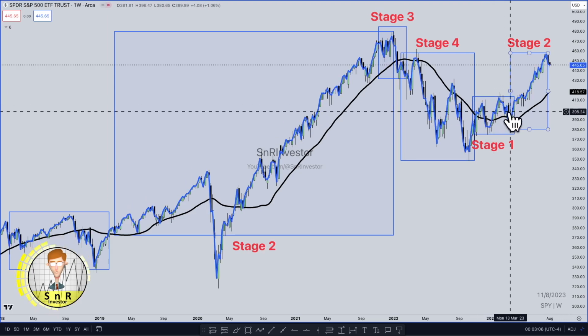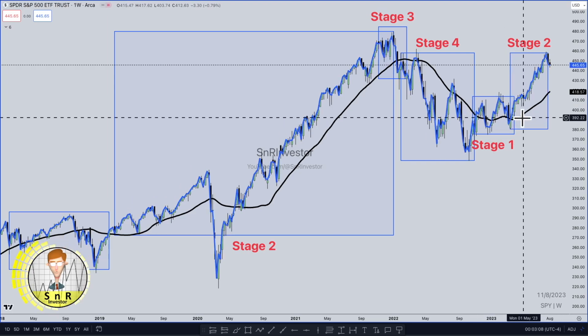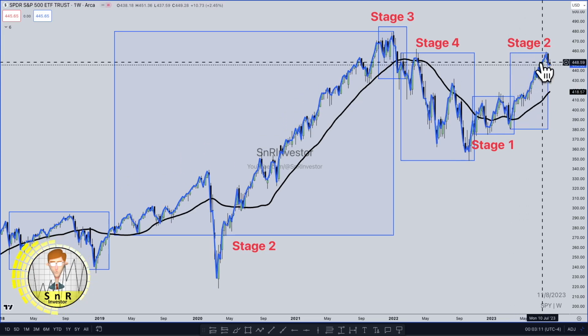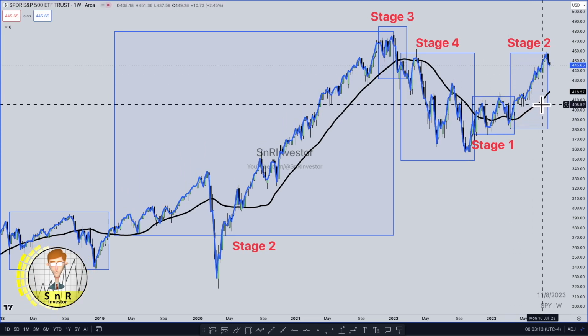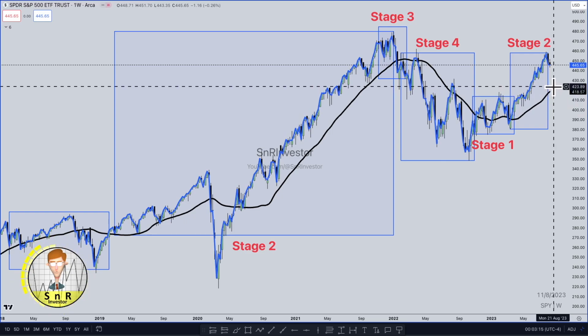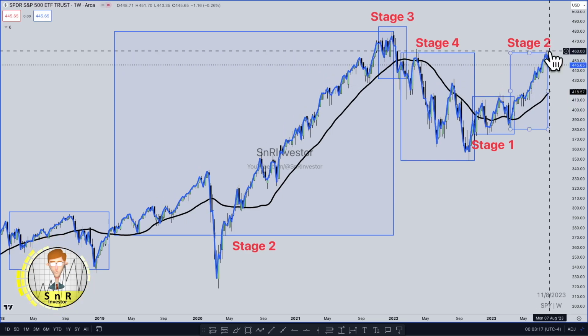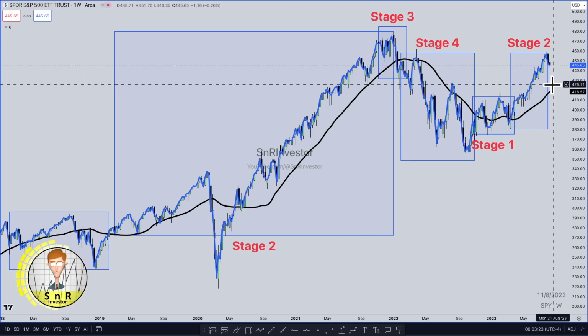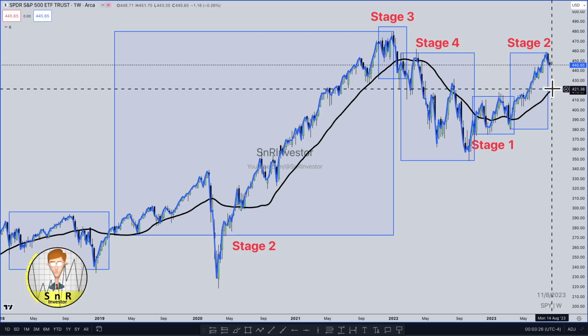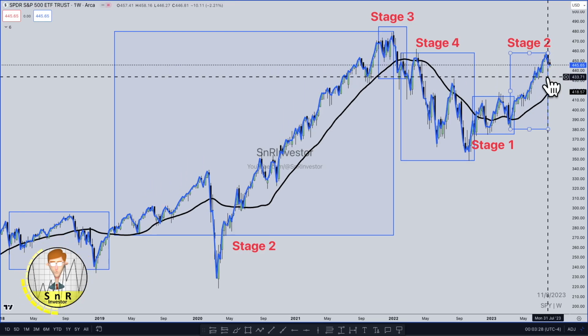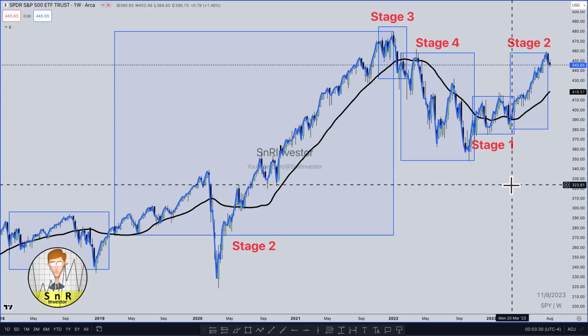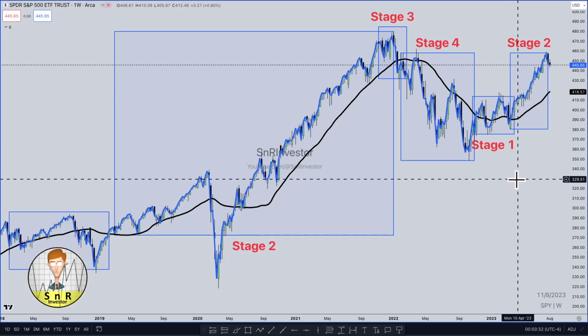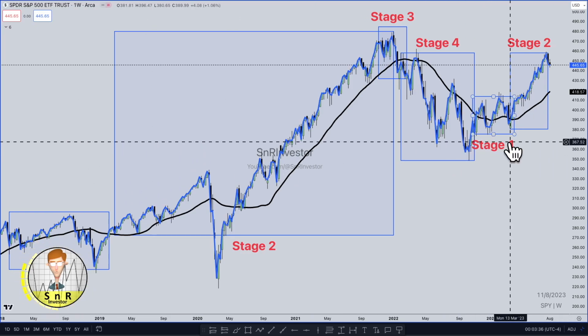And then beginning in 2023, we start to see price move into stage 2, and as the 30-week moving average also starts to slope upwards as well, you can see now we might be expecting some form of interaction with the 30-week moving average as it starts to move upwards and interact with the price. So this is the stage analysis for the S&P 500 since 2018 to today.